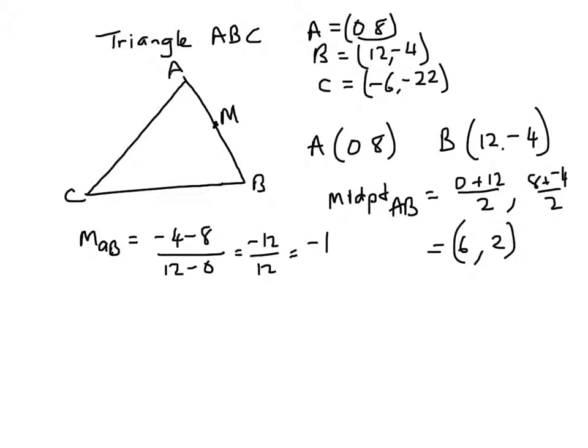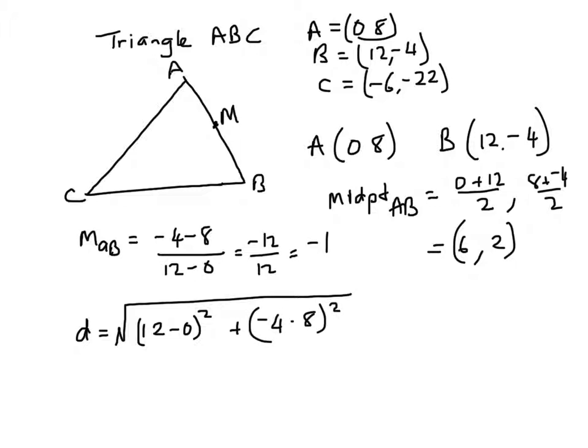So for example, the length of AB, d equals the square root of 12 minus 0 squared plus negative 4 minus 8 squared, equals the square root of 288, which equals 16.4 units. You write it with a line over the top to show the length of AB. Then go on and find the length of BC and the length of AC.